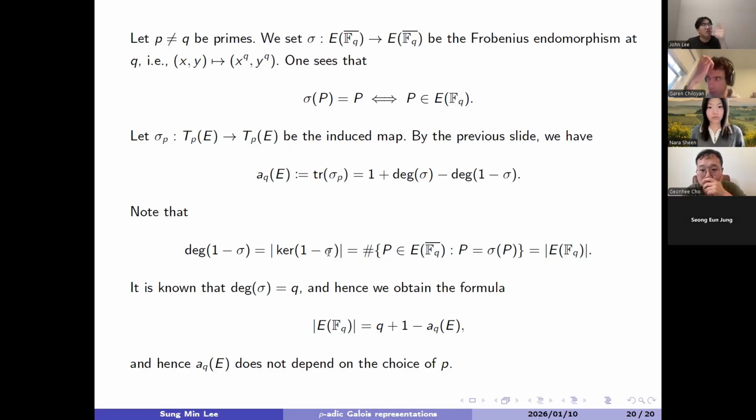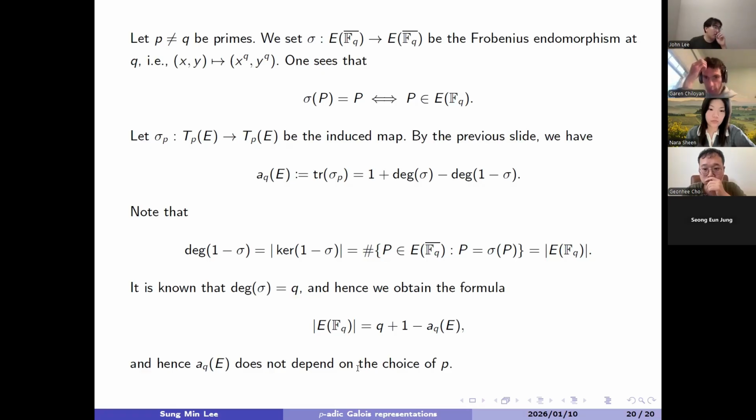That means 1(P) is equal to sigma(P), that is, P is sigma(P). And I mentioned earlier, sigma(P) is P if and only if P is an F_q point. So this degree actually gives you the size of E(F_q). Reinterpreting it this way, we get that the number of points in the F_q reduction is equal to q plus 1 minus the Frobenius trace.